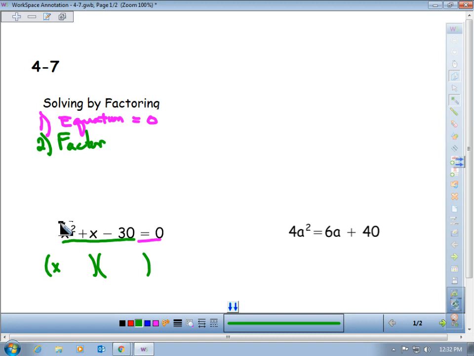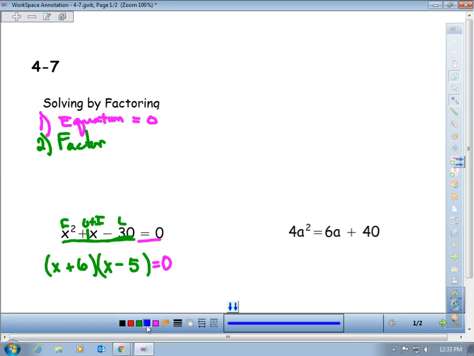First term's got to be x and x, right? Last term's got to multiply to be negative 30, add to be this 1 here, right? Positive 1. So to me, I think that's a positive 6 and a negative 5, right? Those multiply to be negative 30, but add to be 1. And it's still equal to 0 out here.